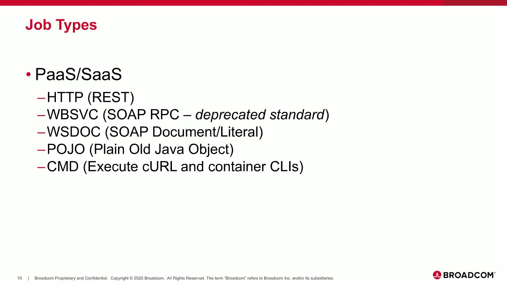There may be thin client utilities that some of the container managers provide, like Docker or kubectl for Kubernetes, and so forth. So just another example of a way to automate these applications.